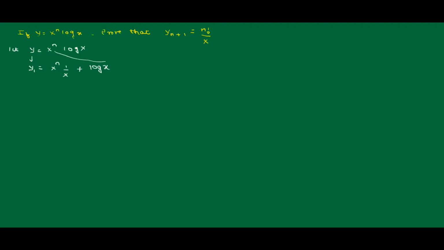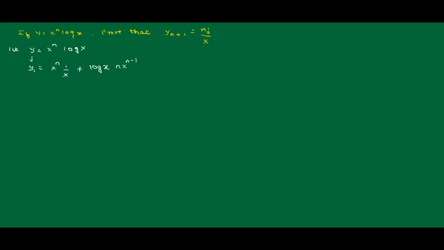What is differentiation of this x raised to n? That is n into x raised to n minus 1. Now if you take LCM here, we can write it as x raised to n. LCM is x, or better directly I will write multiplying both the sides by x.